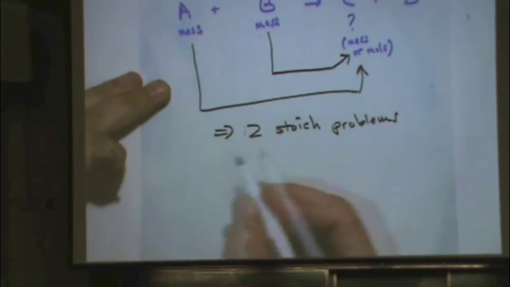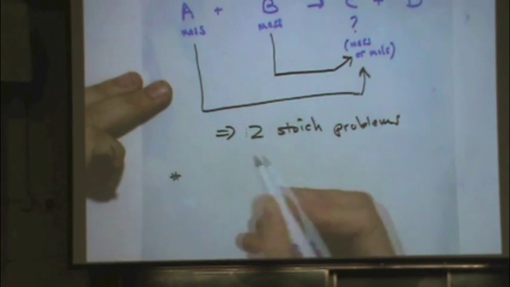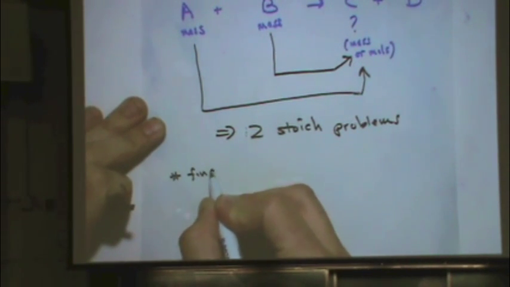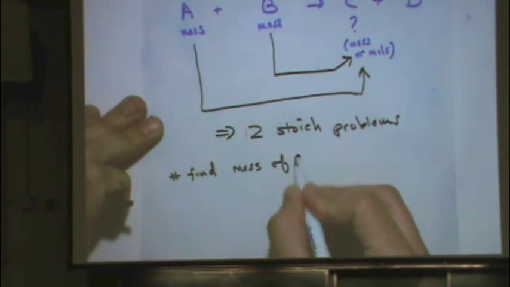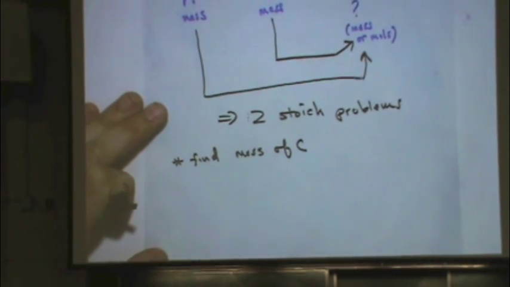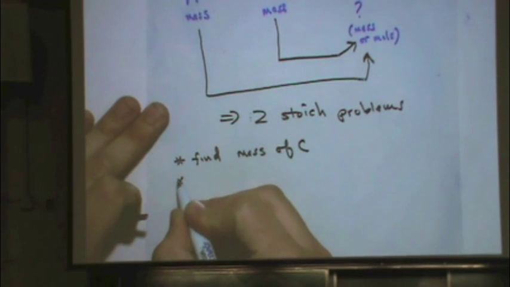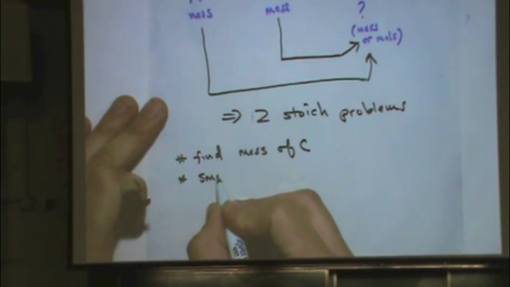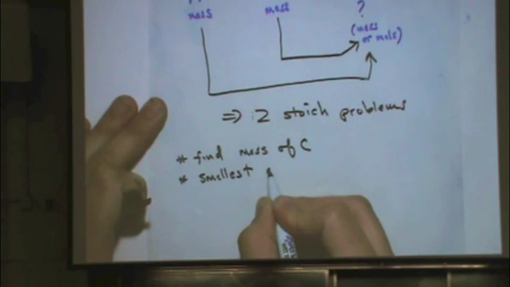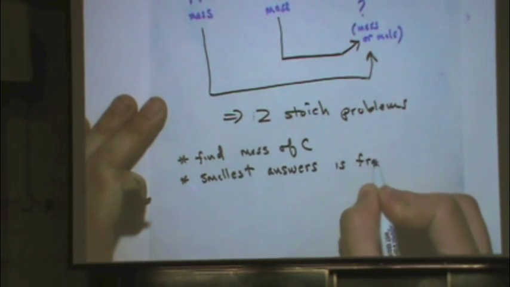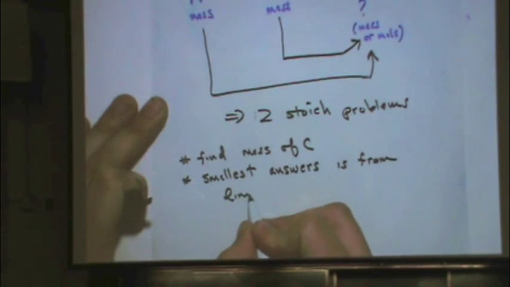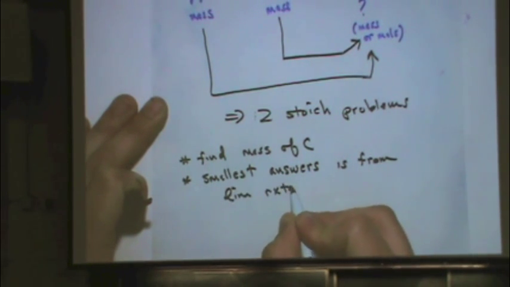And basically, after you do that, I'll put a little bullet here: find mass or moles of C. And then the smallest answer is from the limiting reactant or reagent.